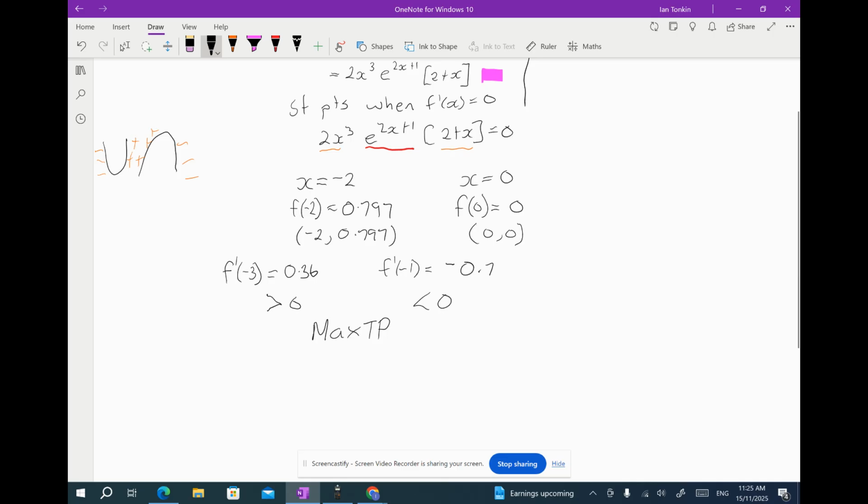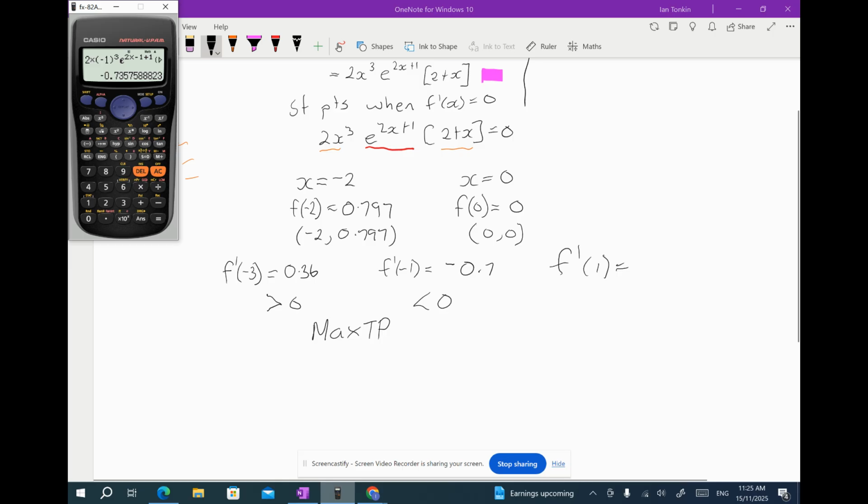Now I have to go a little bit to the left of 0, and again, I've already done that. I've just done f of negative 1, so all I have to do is go a little bit to the right of 0, so I'm going to f dash of 1. I'm going to find out what that equals, go back to your calculator, get rid of all those negatives. It's so much easier if you're using your table.